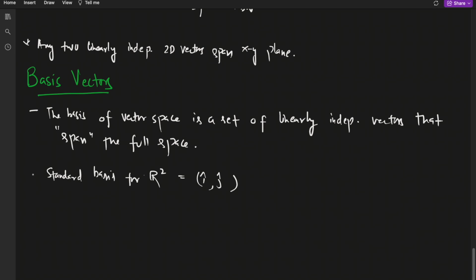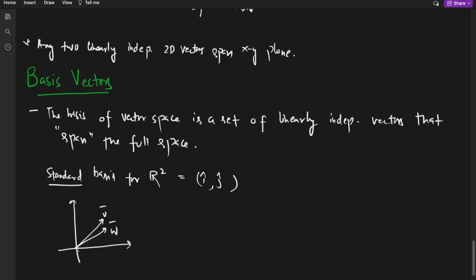But this is the standard basis, and we can take any 2D vector as a basis vector for our r square, but it should be linearly independent. So I can take one vector this and another vector this, v and w. So v and w are also basis vectors for r square.